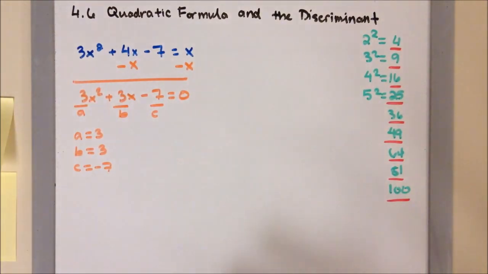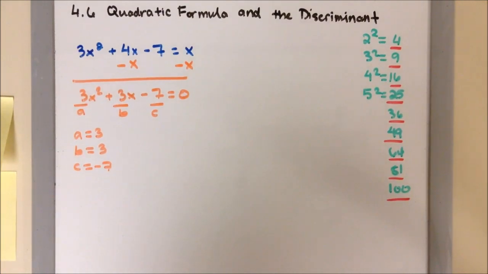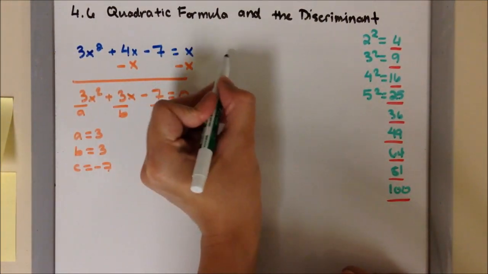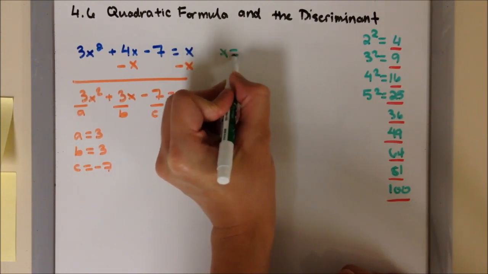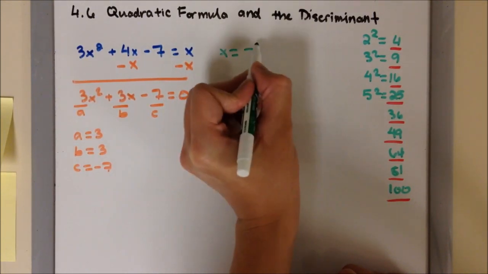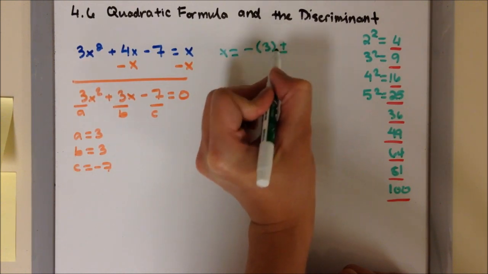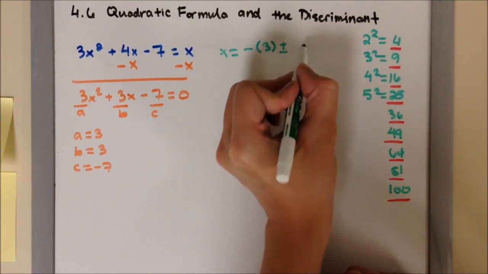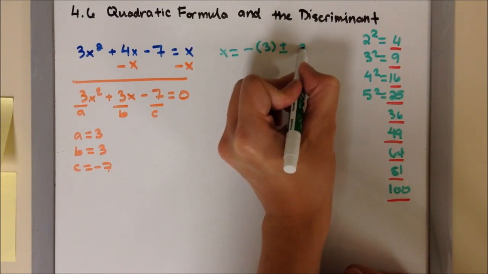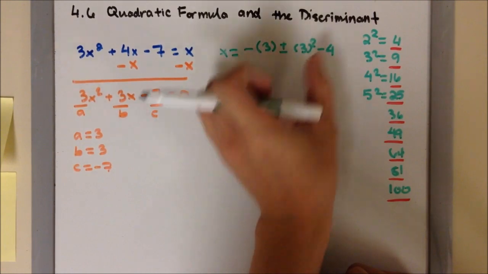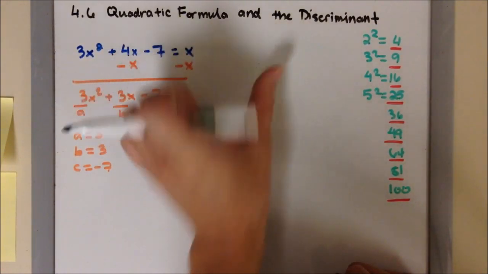Alright, so once you identify your a, b, c, next is simply to plug into the quadratic formula. So it's going to be x equals negative, my b is 3, plus and minus the square root. Inside the square root, it will be 3 squared minus 4, so I'm running out of room, so I'm going to write it down here.